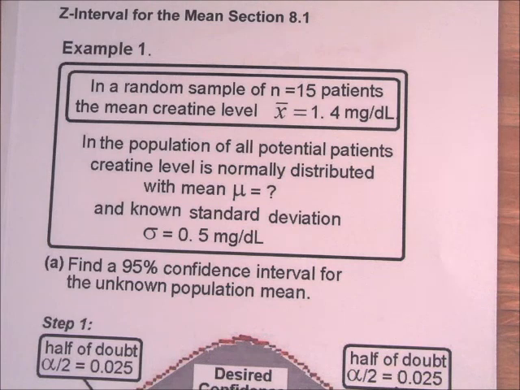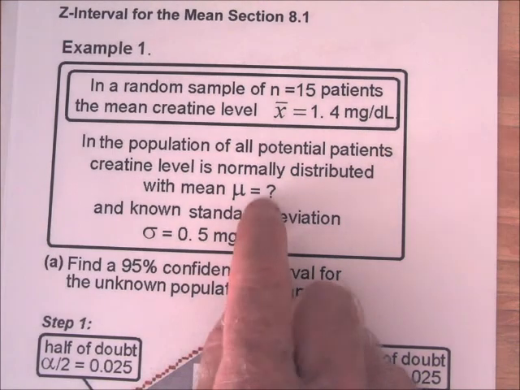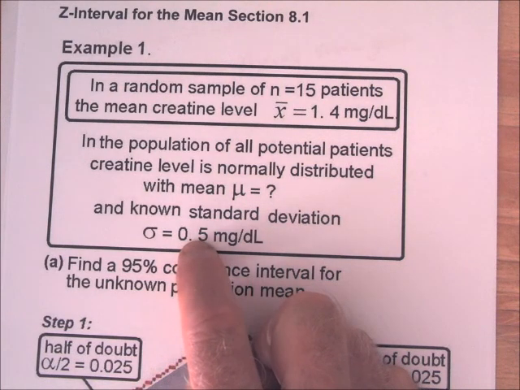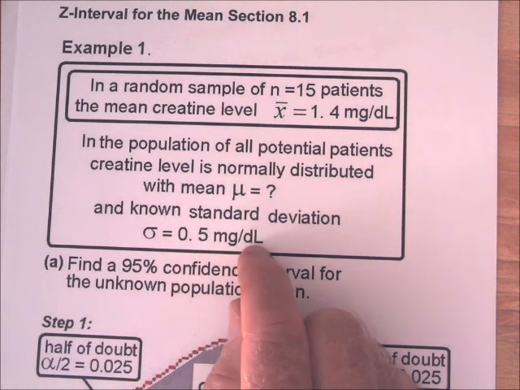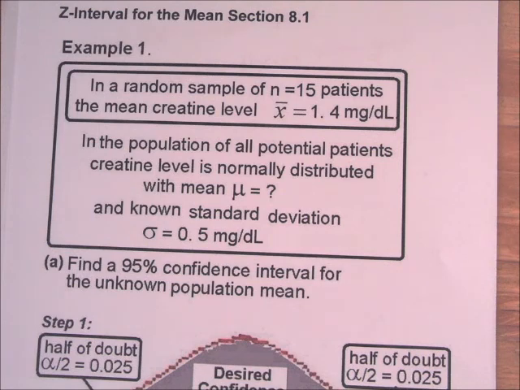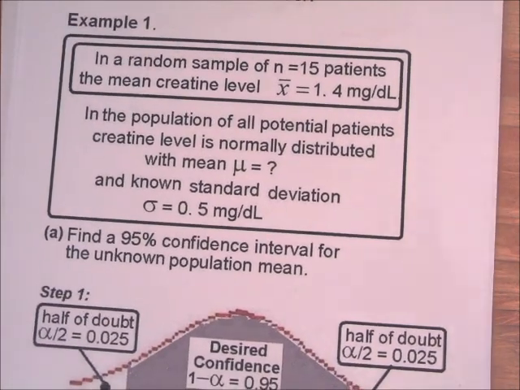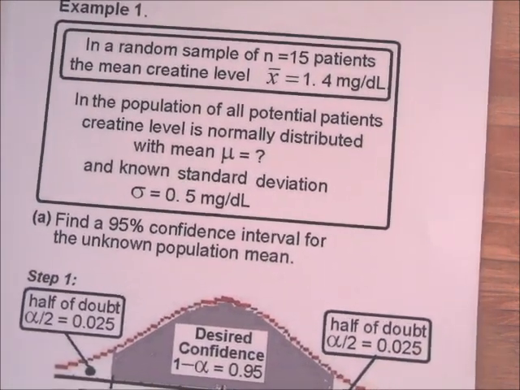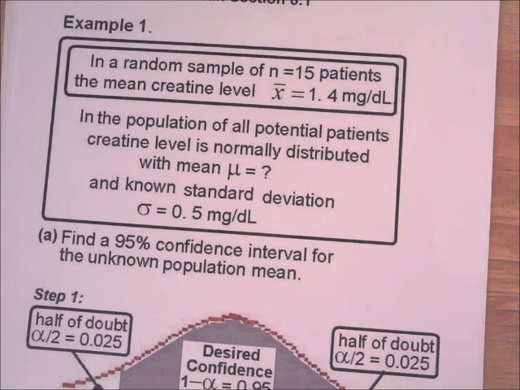Usually, if the population mean is not known, the population standard deviation will also not be known. But this doesn't quite match what would usually happen in practice.